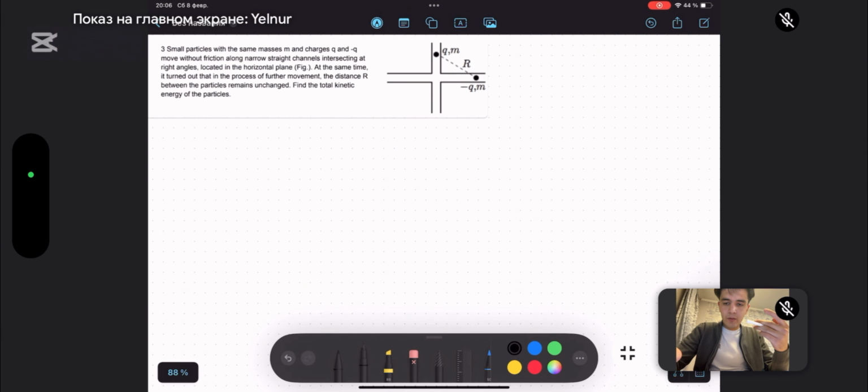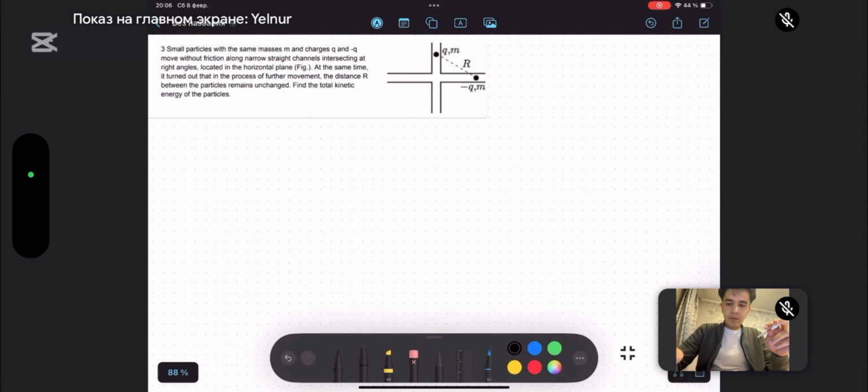In our problem, small particles with the same masses m and charges q and minus q move without friction along narrow straight canals intersecting at right angles, located in the horizontal plane.